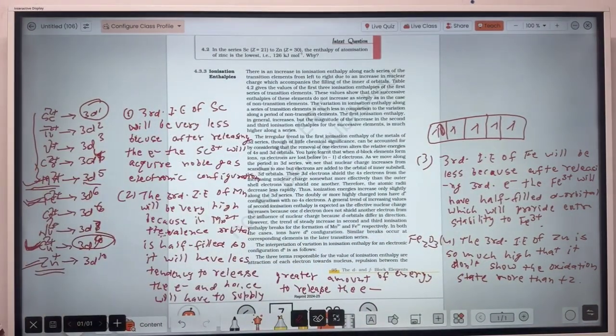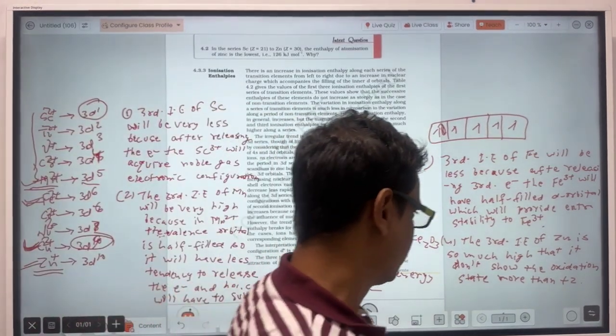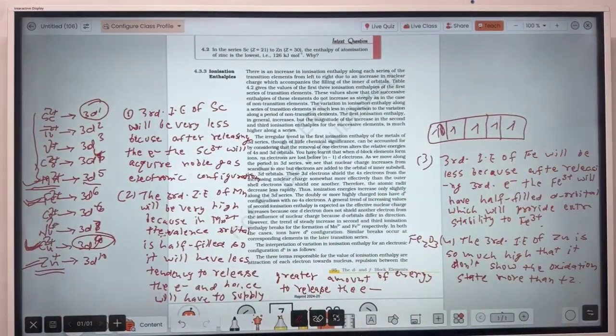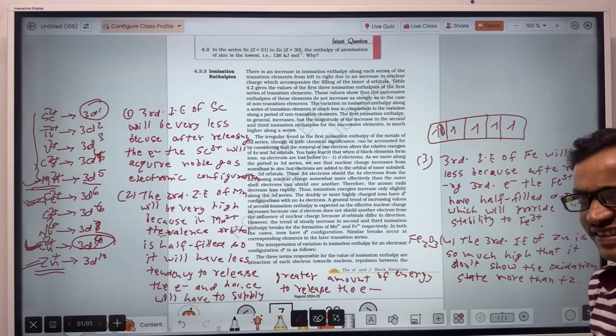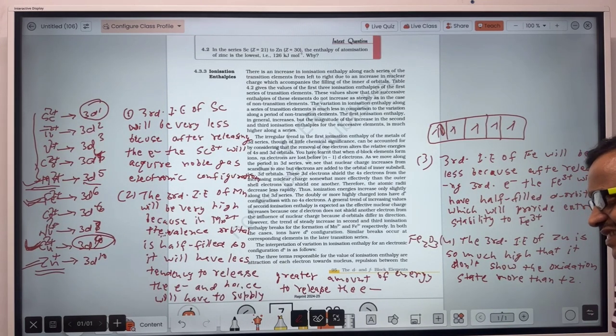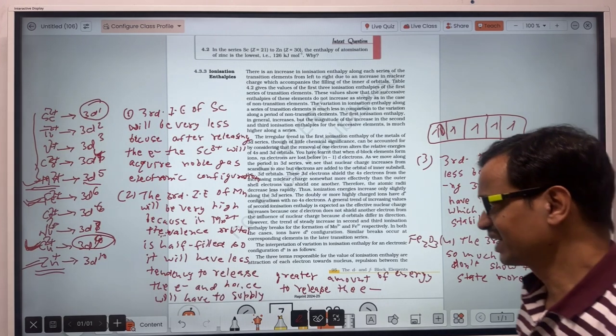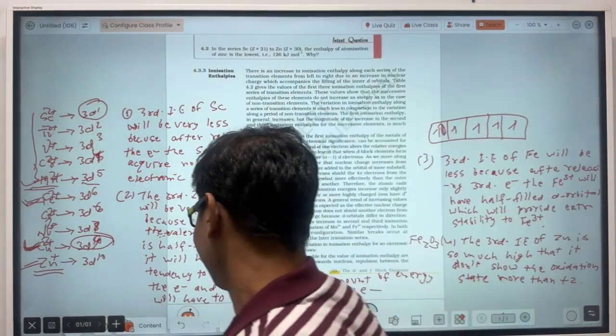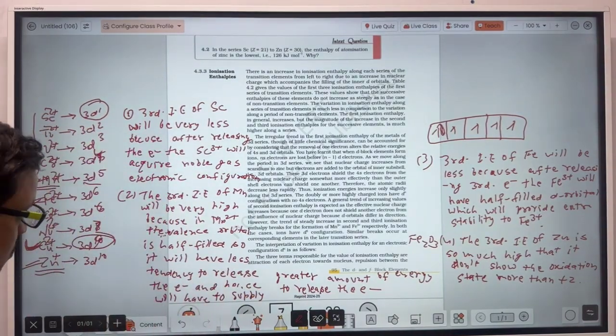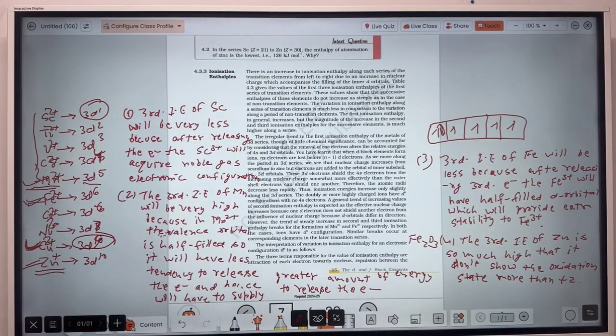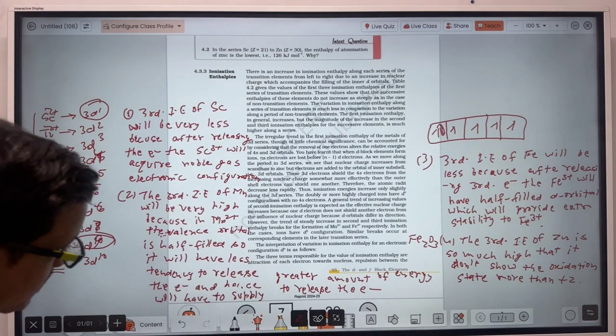So zinc doesn't show more than +2 oxidation state, because to release the third electron from zinc there will be so much requirement of energy that practically zinc doesn't get that much amount of energy. So that's why zinc doesn't show an ionization enthalpy of more than +2.